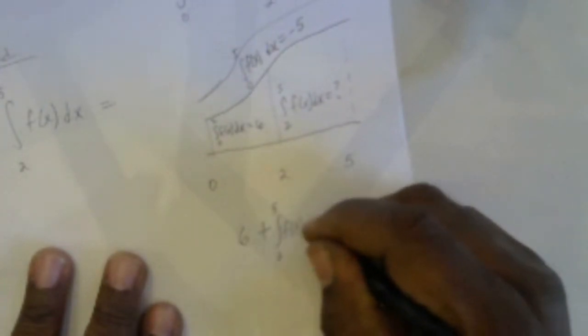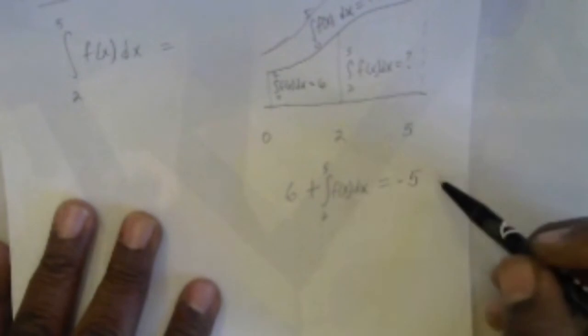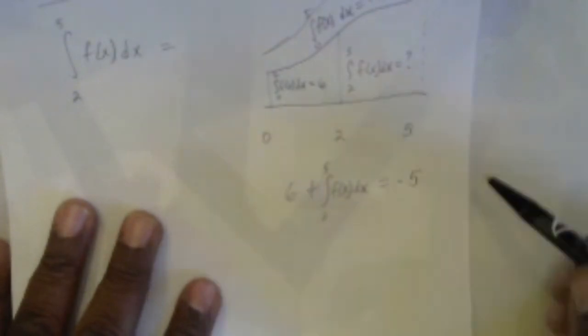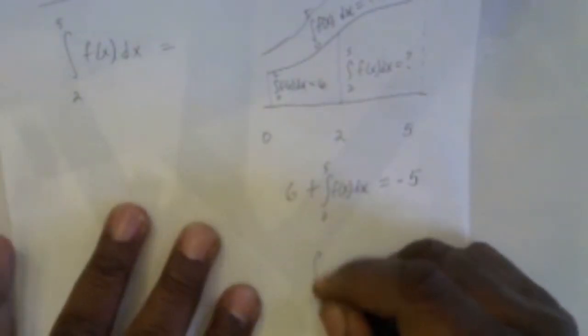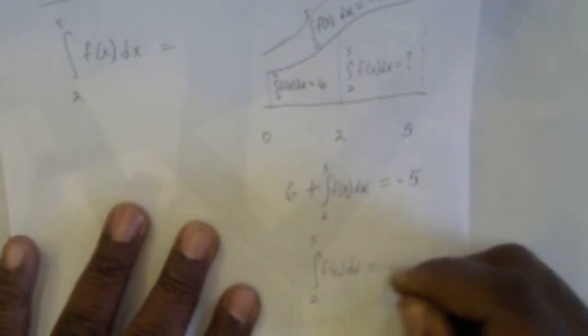If I add these two things together, I should get -5. Now I'm simply going to solve it. I want to subtract 6 from both sides. So the integral from 2 to 5 for f of x dx should equal -11.